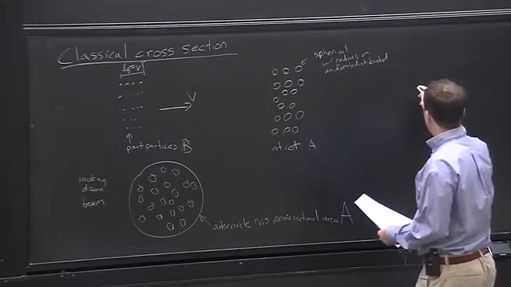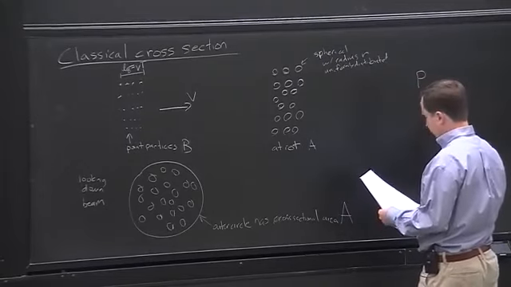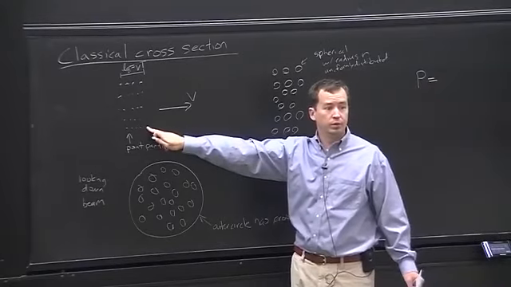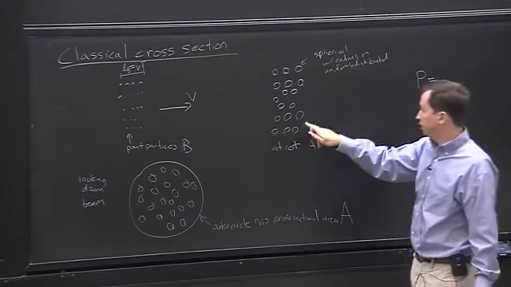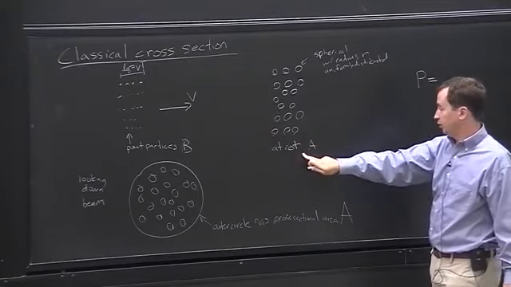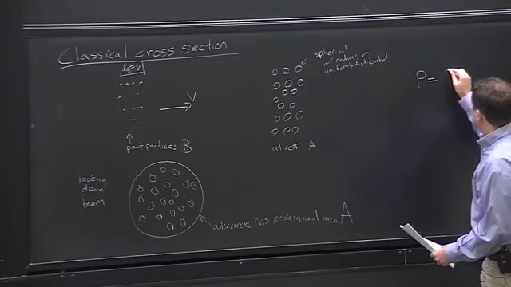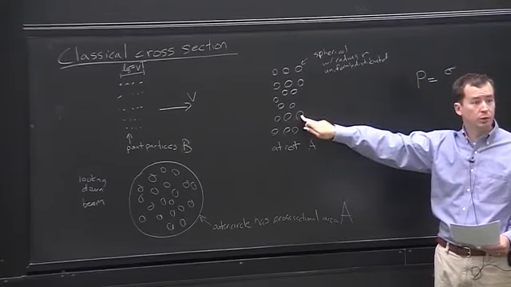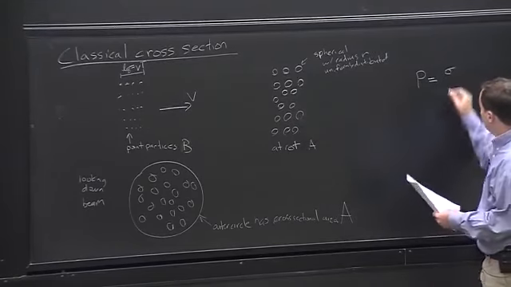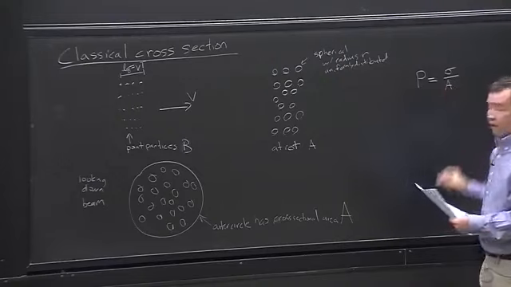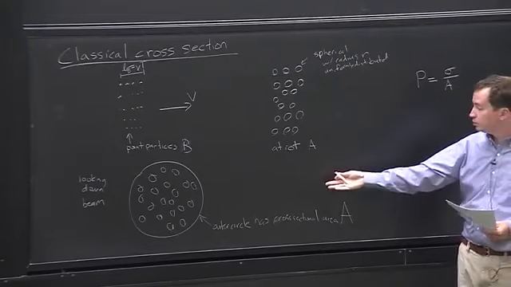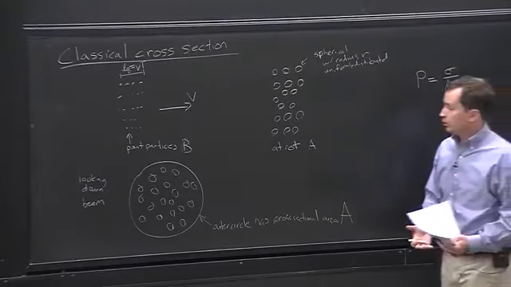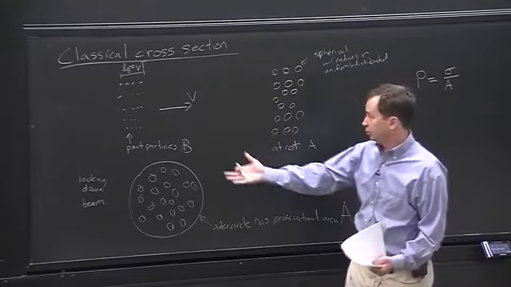And then the probability that a given particle of type B will hit a given particle of type A is just the cross section of the particle of type A divided by the area common to both beams. So we're making the assumption here that there's no multiple collisions, so the probability is low.